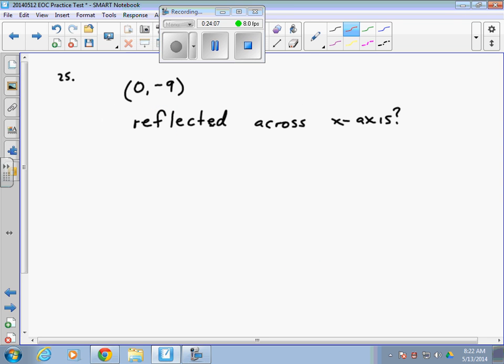And then the last one on the first section says, what is the image of point A, (0, negative 9), reflected across the x-axis? Well, let's look at it and see what it looks like. (0, negative 9): this is your x-axis, this is your y-axis. (0, negative 9) will be down here at negative 9. That's where the point will be. It says reflected across the x-axis.